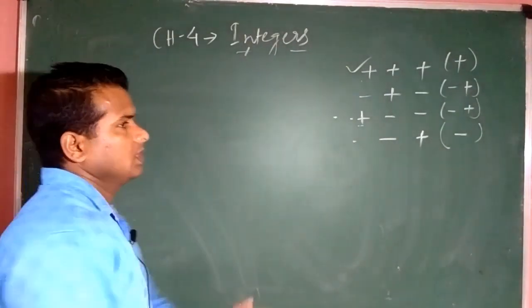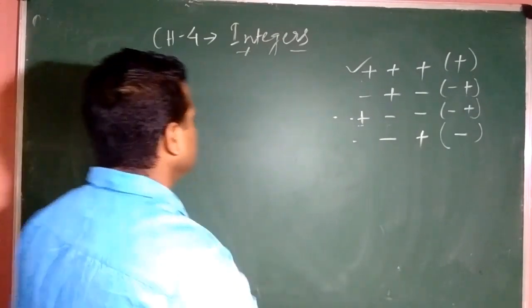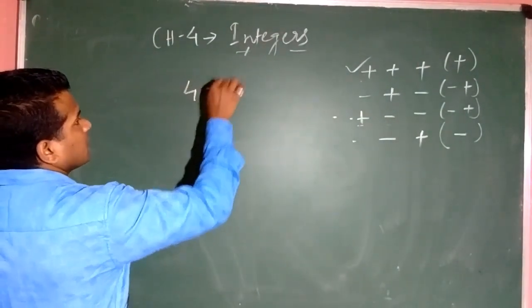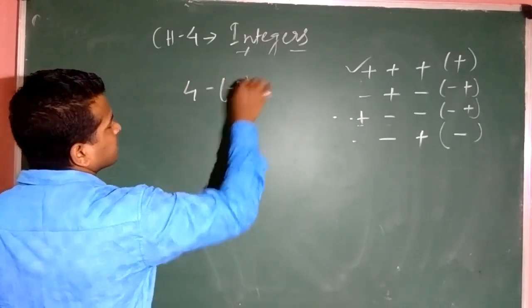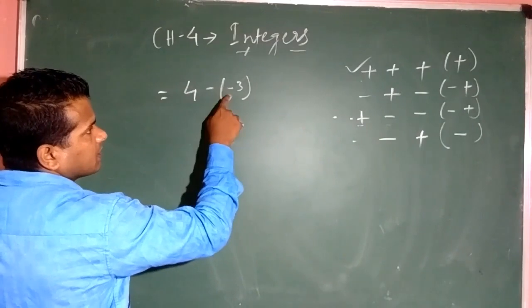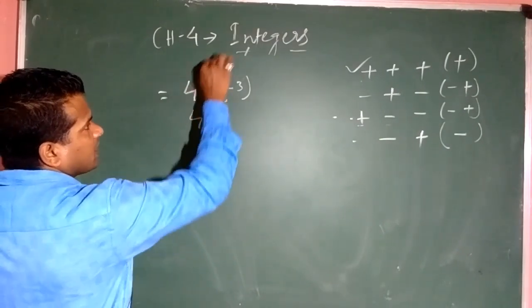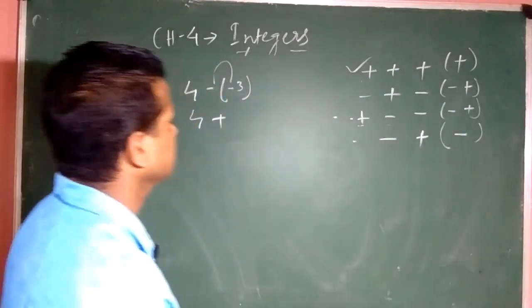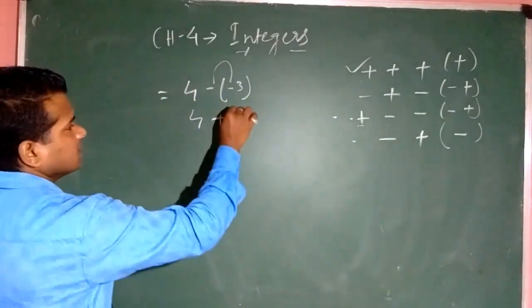Now, double signs cannot be together. For example, 4 minus (minus 3)... let's do this question. Double sign: 4 minus plus 3.